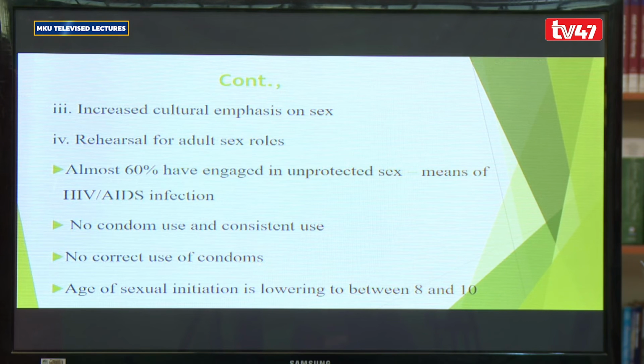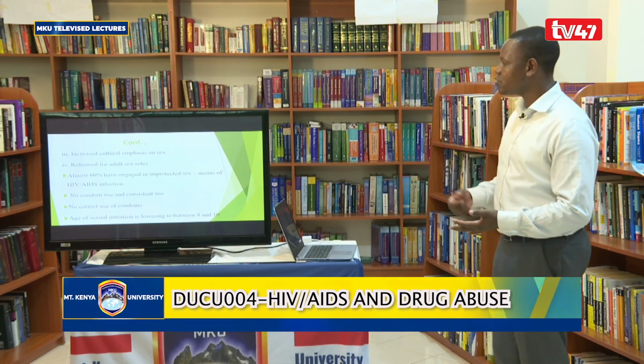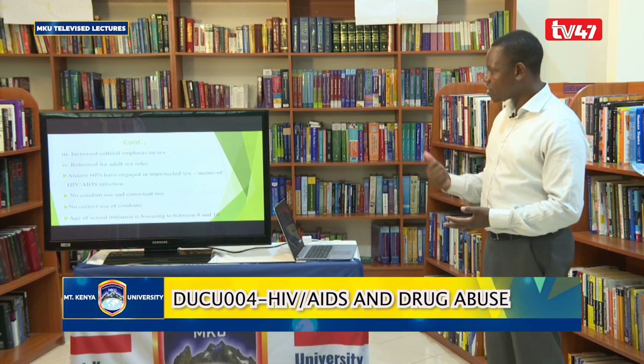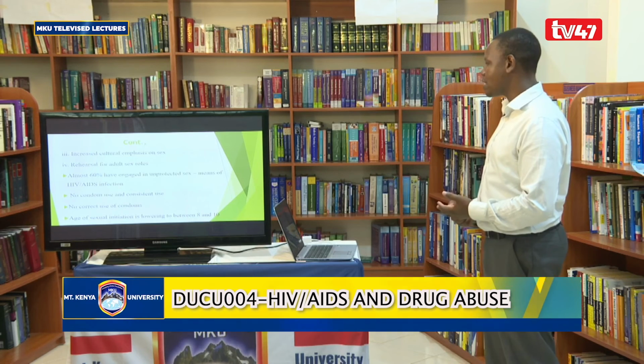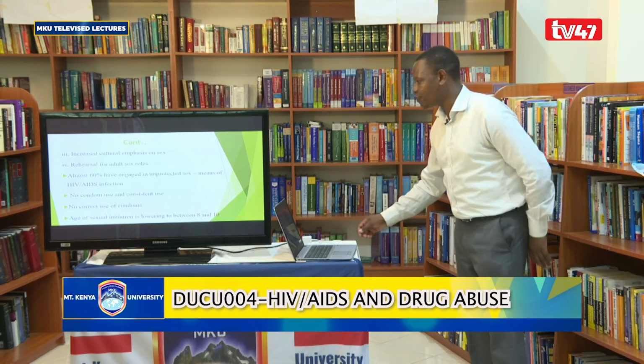Almost 60% have engaged in unprotected sex, meaning HIV infection, because there is no condom use. And if they are using condoms, there is no talk about the correct use of condoms. The age of sexual initiation is also lowering, to between the ages of 8 to 10.